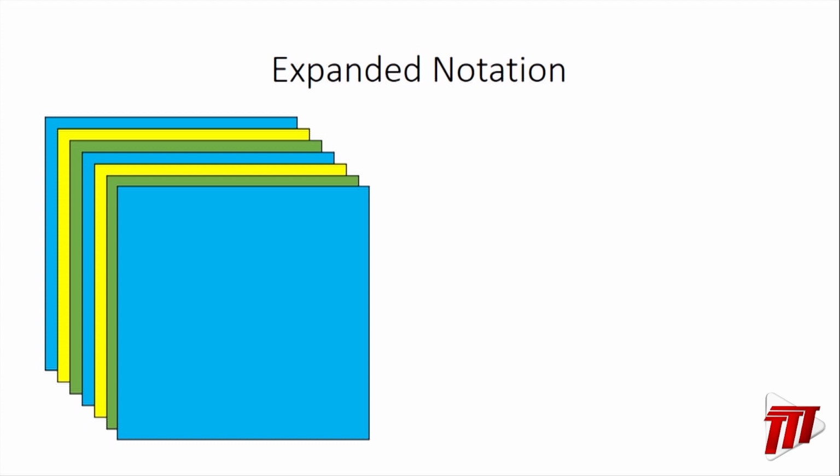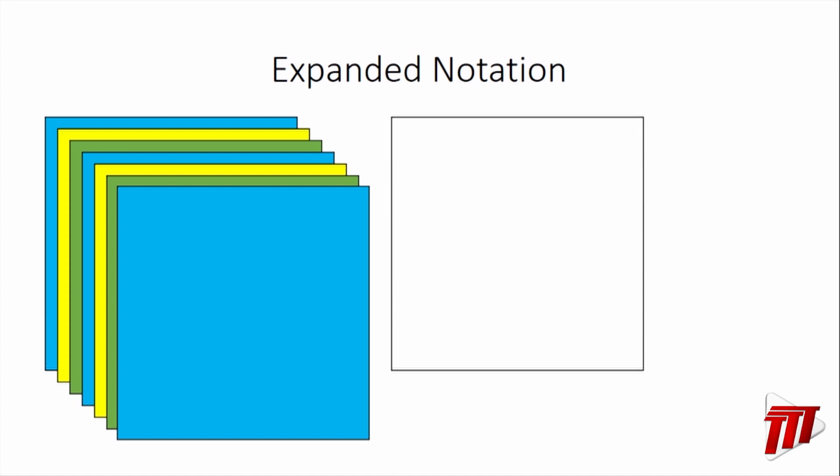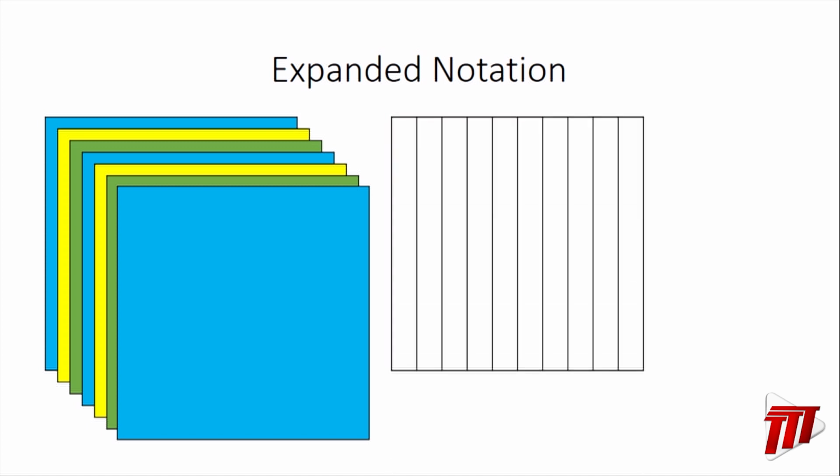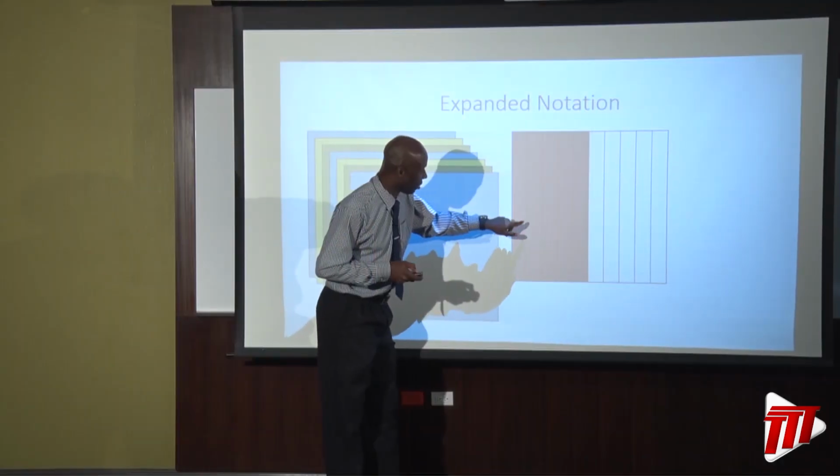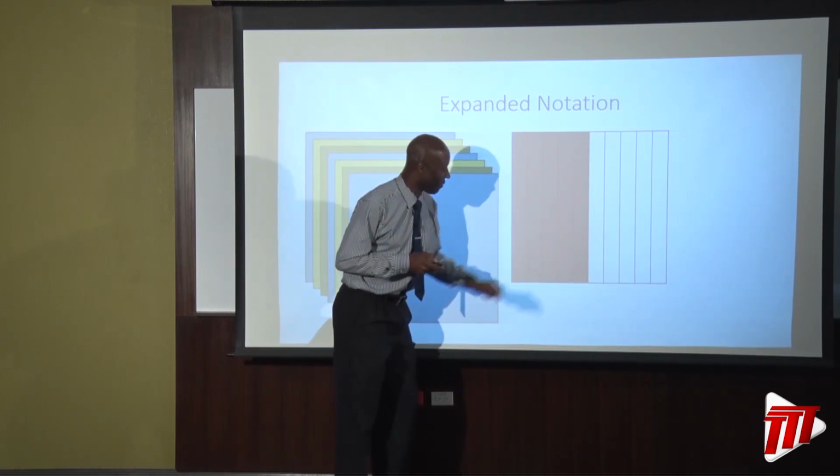To represent 5/10ths, I'm going to take a whole and I'm going to divide it into 10 equal parts. 1, 2, 3, 4, 5, 6, 7, 8, 9, 10. 5/10ths, 1, 2, 3, 4, 5.